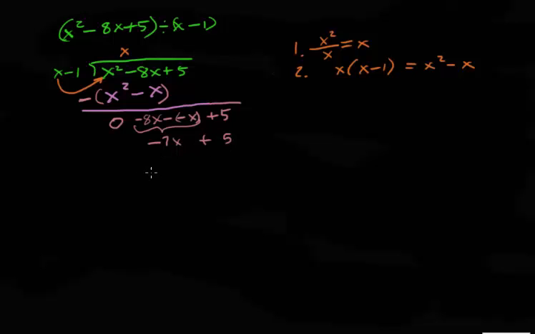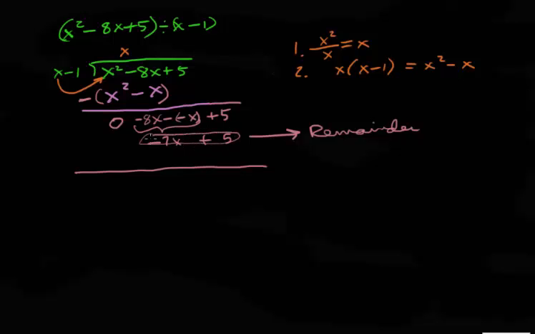Okay. Now, we have to continue because this is called the remainder after that first division. This second line here, this whole thing is the remainder.